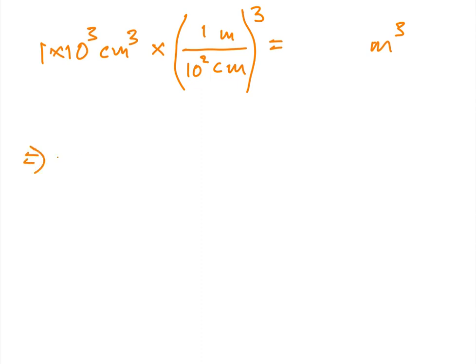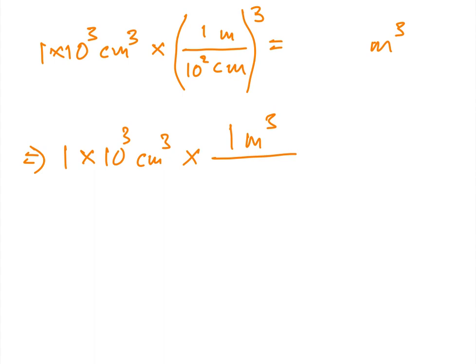And given some nice little math review here, if we take a quantity, the quantity here in parentheses is the conversion factor, raise it to the 3rd power, what you're effectively doing is raising each and every one of these terms to the 3rd power. Of course, 1 stays 1, but you're going to have 1 meters cubed. And then you're going to have 10 squared raised to the 3rd power.